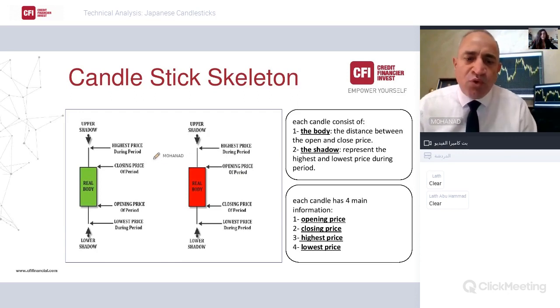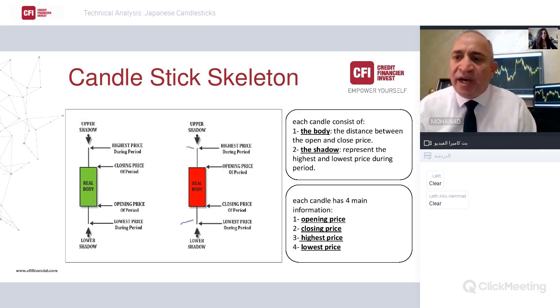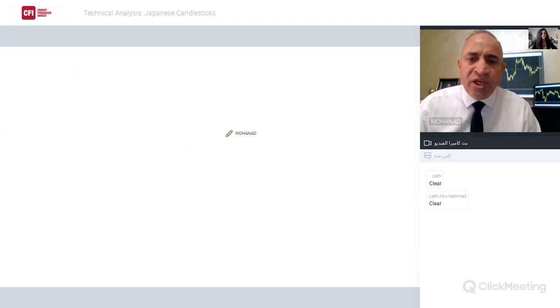Each candlestick consists of two main parts, the body and the shadow. The body represents the distance between the open and the close price, while the shadow, from the up and from the down, represents the high and the low price. Let us explain in more detail.